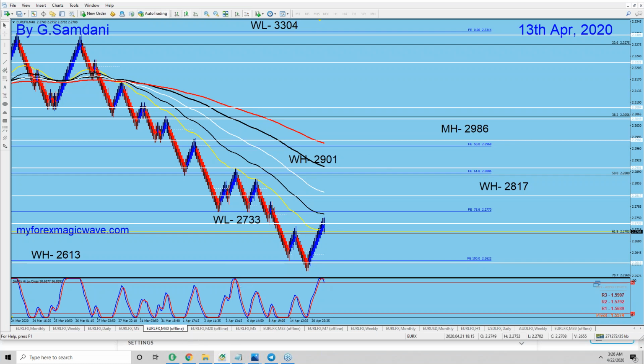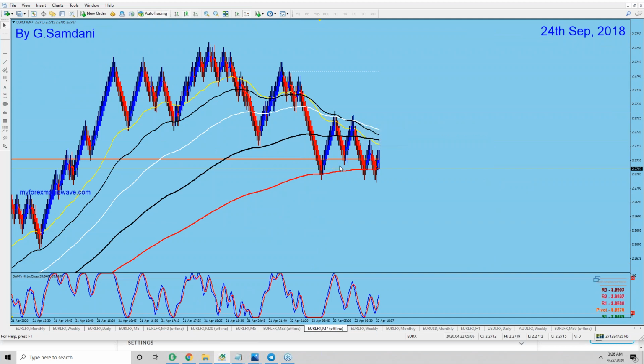Then you go immediately and look at the 7-minute chart, and you will find yourself in this zone: the yellow will be below the black, but both will be above the red, so you can't go long, you can't go short. And then later on, it will take a direction, and that would be the direction you go with, and you take the entry from the 7-minute chart.